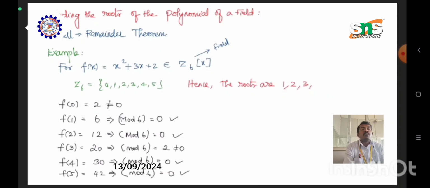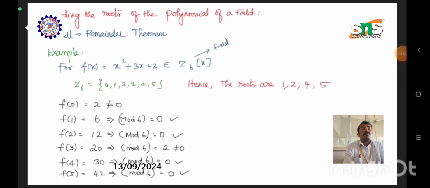These are the elements having the eligibility to be the roots of the given polynomial.